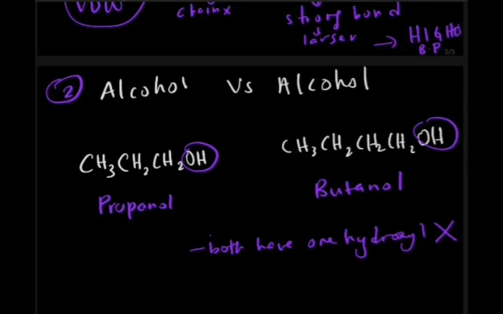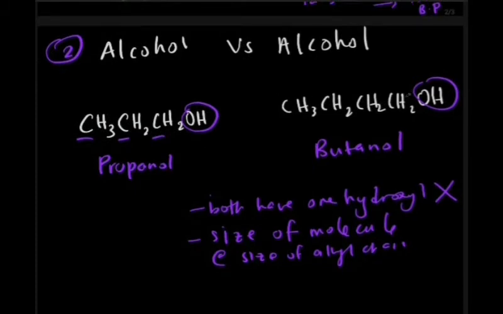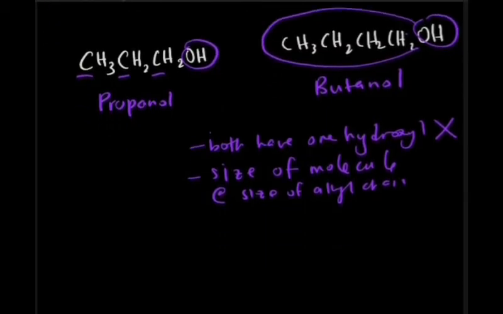Which one is higher? In this case, we look at the size of the molecule, or the size of the alkyl chain. The size of the molecule, this one will have a larger size because they have a larger number of carbons.